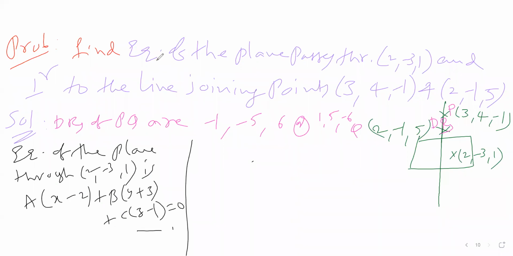This is nothing but the required plane. When the plane is in one-point form, your direction ratios A, B, C are the direction ratios of the normal to the plane.